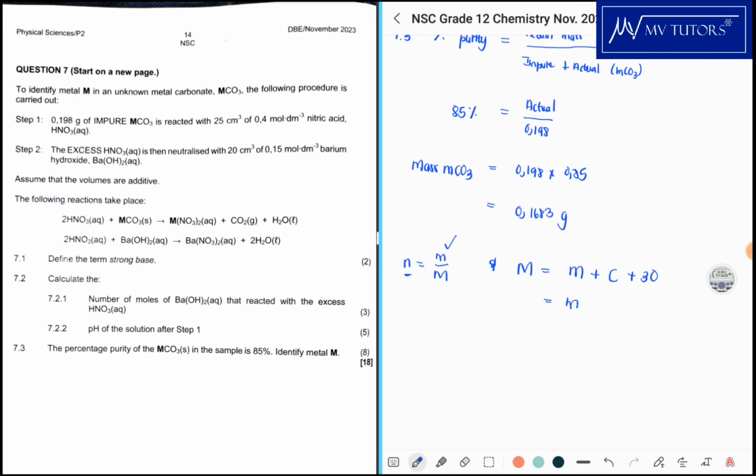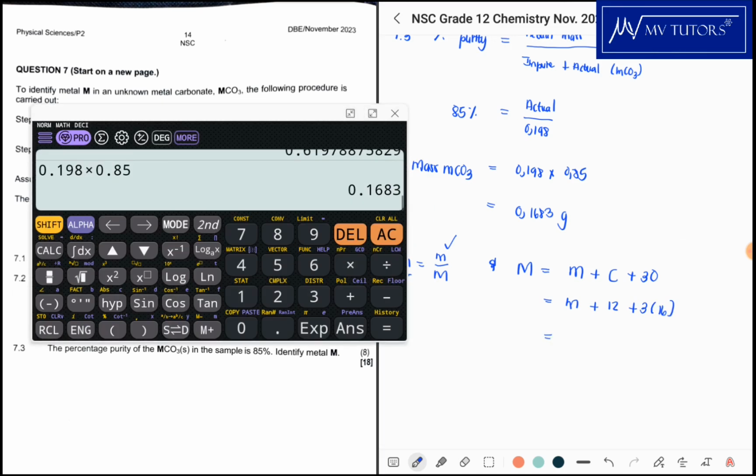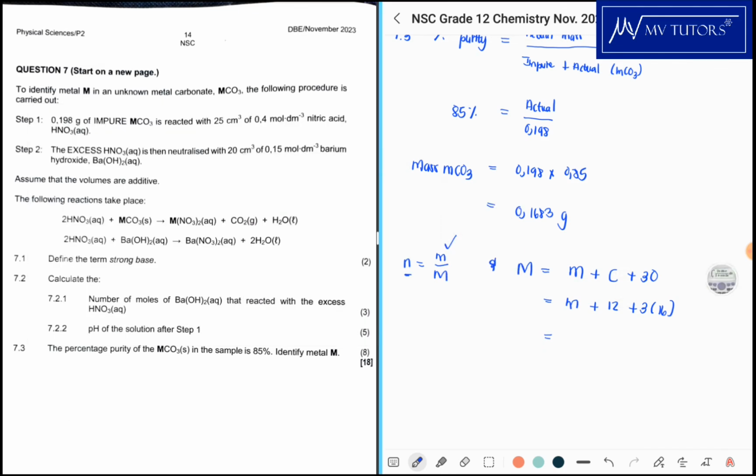We don't know what this M is. We know that the molar mass of carbon is 12 and oxygen is 16. So 12 plus 3 times 16 is 60. So I have M plus 60. So n is equal to 0.1683 all over M plus 60.